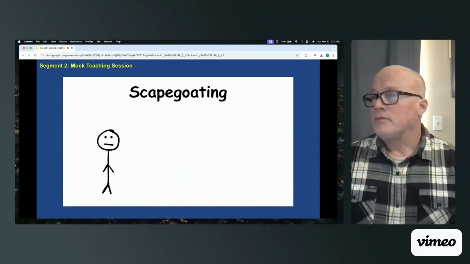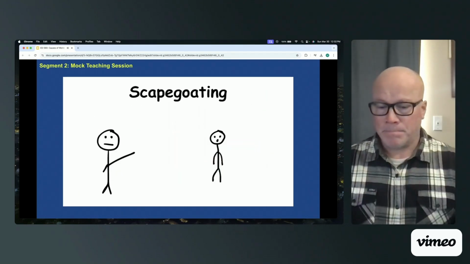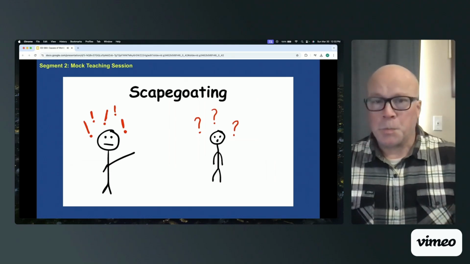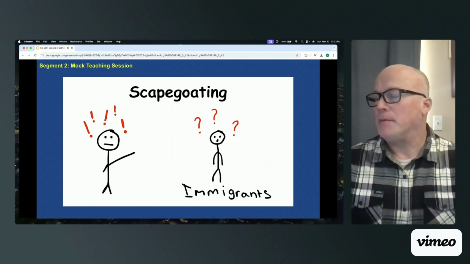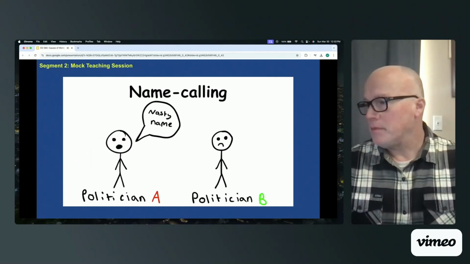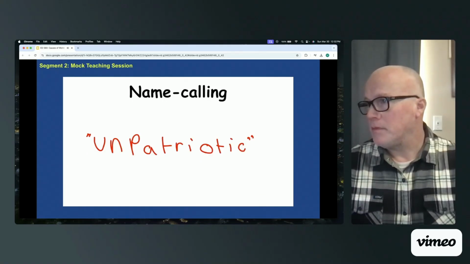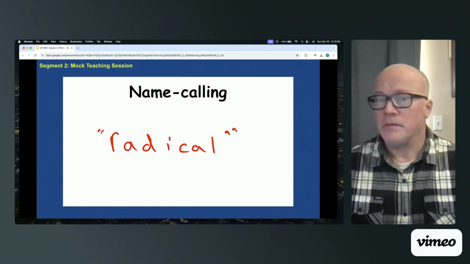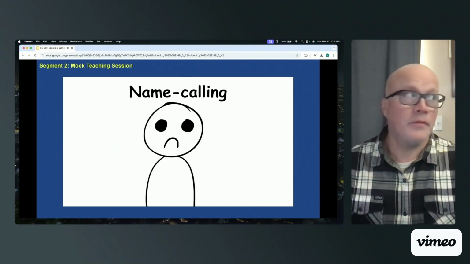Scapegoating, blaming a particular group or individual for societal problems or failures to divert attention away from underlying issues. An example would be attributing economic struggles to immigrants. Name-calling, discrediting opponents by using derogatory labels or insults. Politicians may resort to calling their opponents unpatriotic or radical to undermine their credibility and appeal to negative stereotypes.